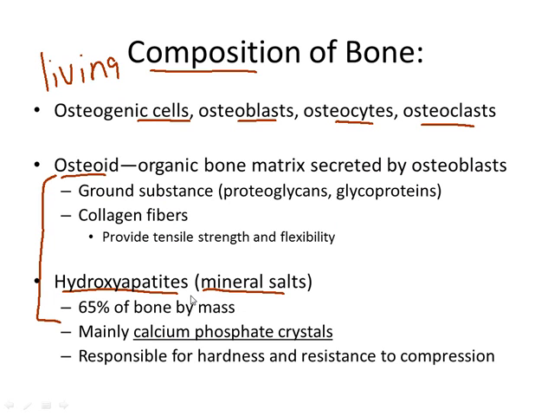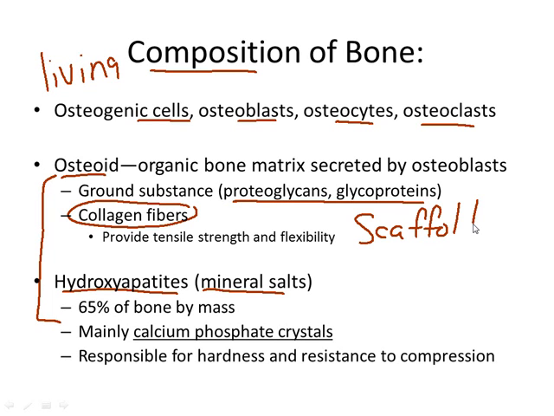Osteoid is basically a matrix that's made out of proteoglycans and glycoproteins. Don't get too caught up in those names. But basically it's a matrix full of collagen fibers. And it's kind of the scaffolding. So you lay down this scaffolding, and then you get this hardening by the calcium phosphate crystals.